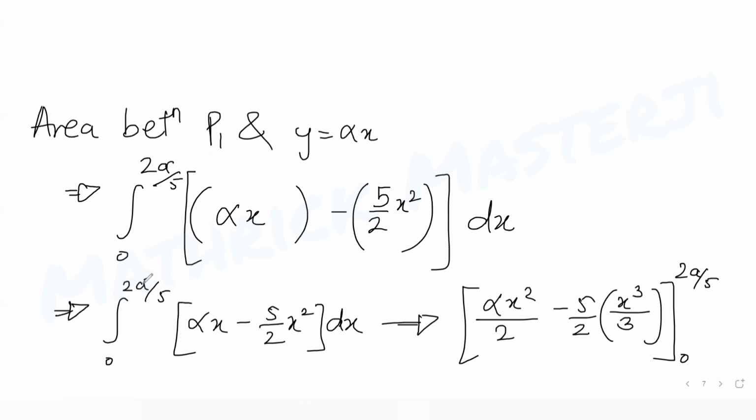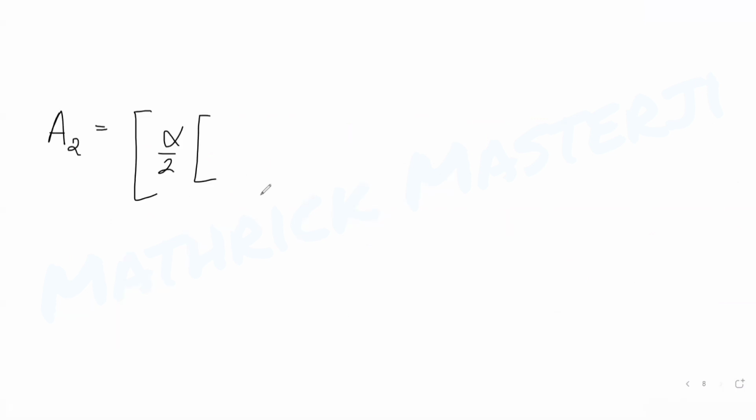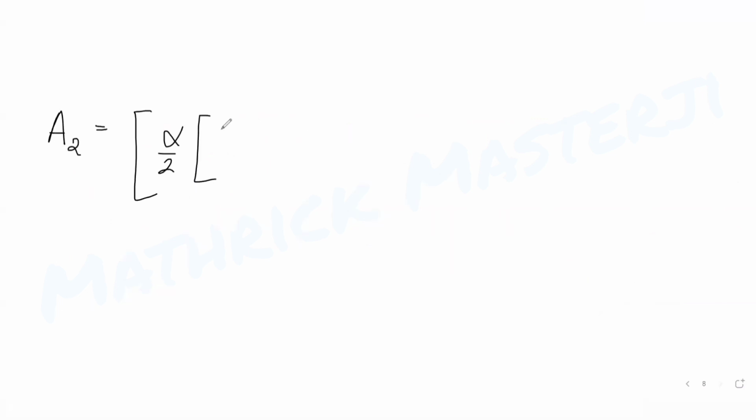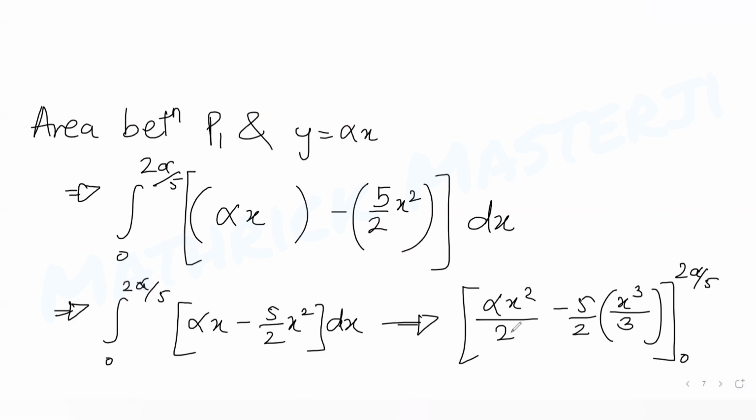So putting alpha everywhere in the limits, you get alpha by 2 and x square, where x square is 4 by 25 alpha square, minus, putting in 0, you get 0.